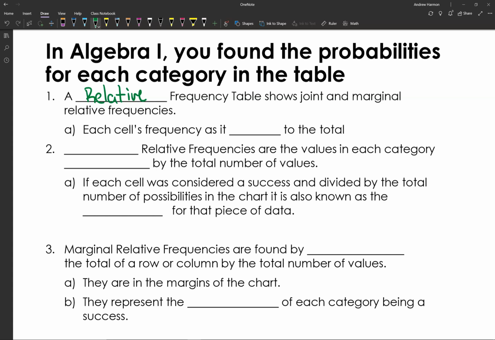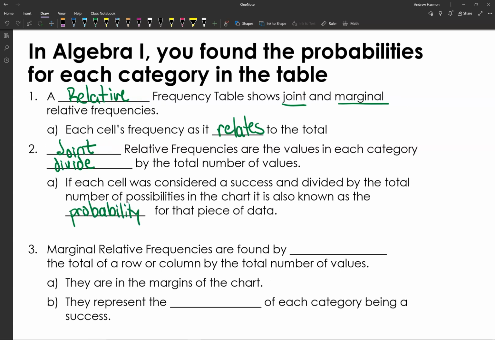Basically, each cell's frequency in that table is turned into a probability which relates it to the total. Joint relative frequencies are the values in each category divided by the total number of values. Each cell was considered a success and divided by the total number of possibilities in the chart. It's also known as the probability for that piece of data.